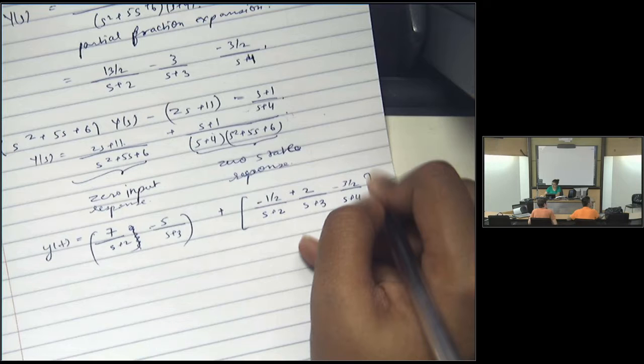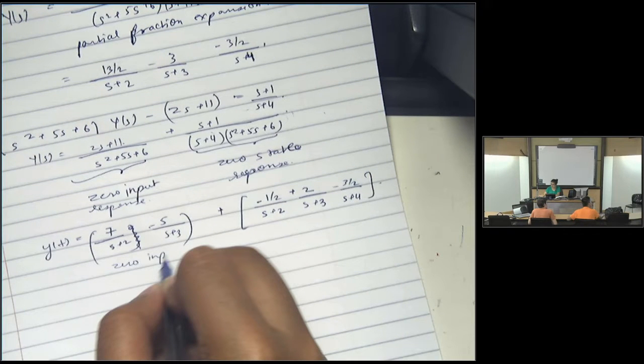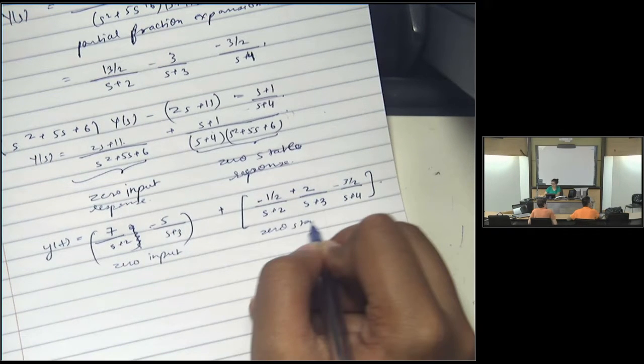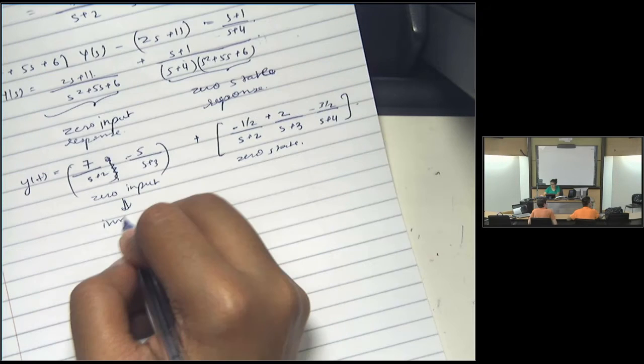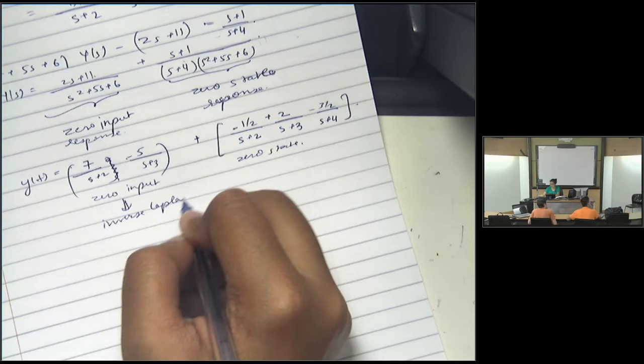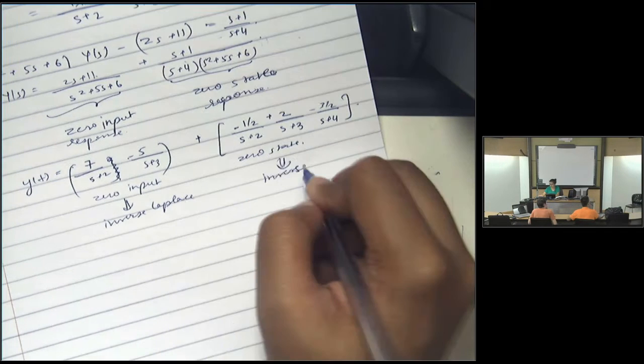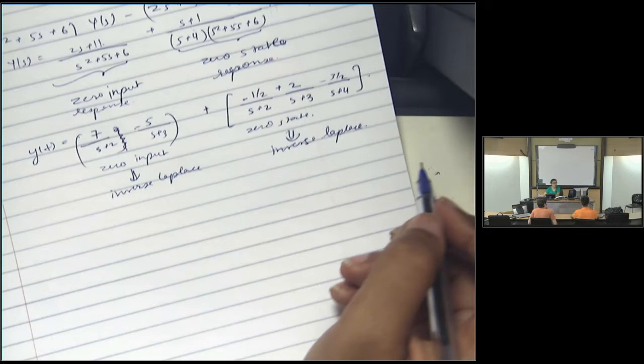Okay, so zero input, zero state, and then take inverse Laplace of all of these terms separately. We do it separately, we don't do it combined.